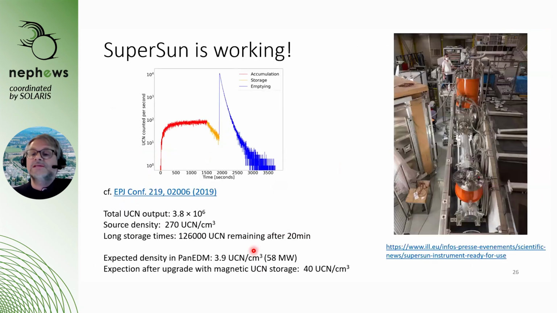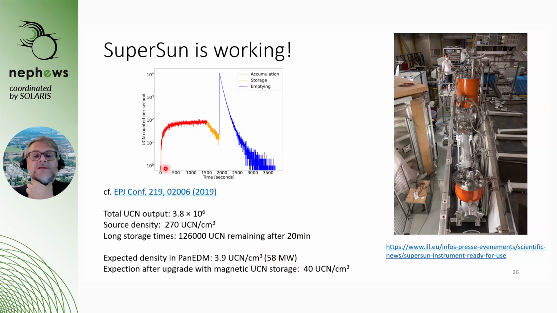colleagues realized this, and this is now working, and it's delivering something like 4 UCNs per cubic centimeter to the PanEDM electric dipole moment measurement installed there, or will deliver, which is about a factor of 4 more than what could have been done at the PF2 beam site.